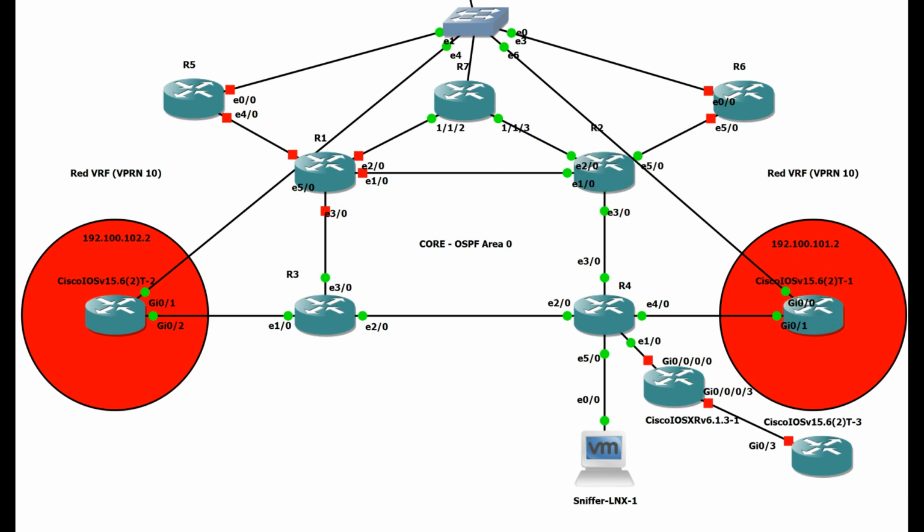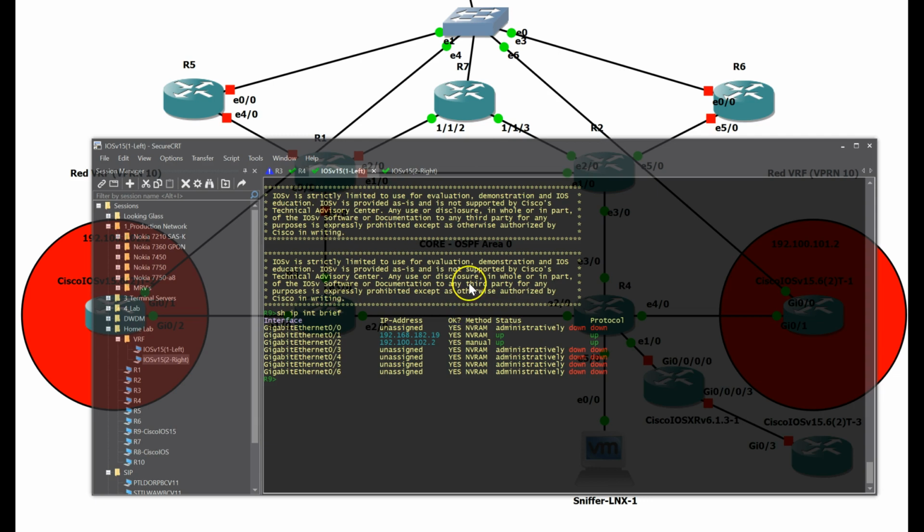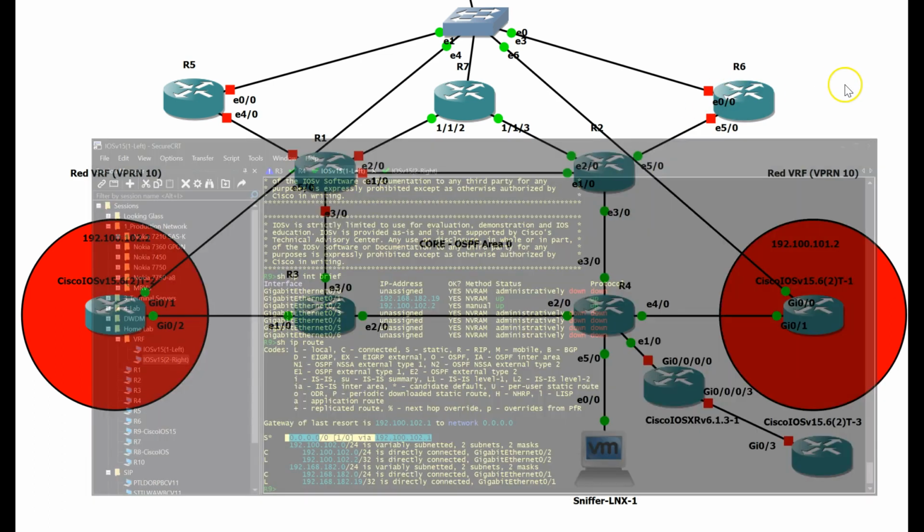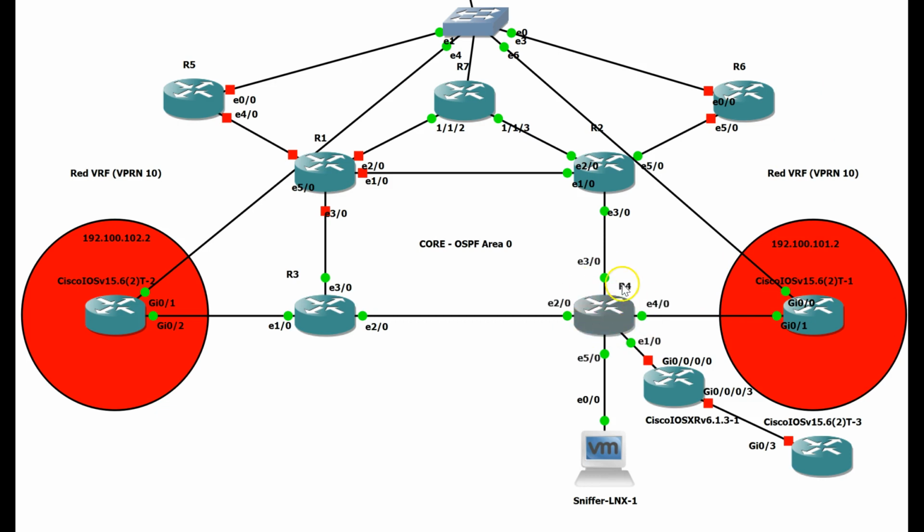So let's take a look at our service, and we'll make sure we can ping across. I've got a static route set on the Cisco device with my next hop being my Nokia edge device, which is going to be router 4.